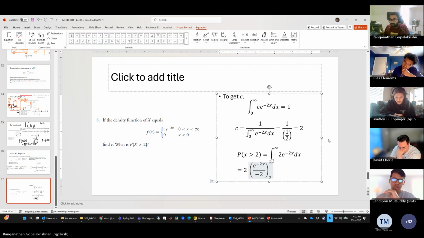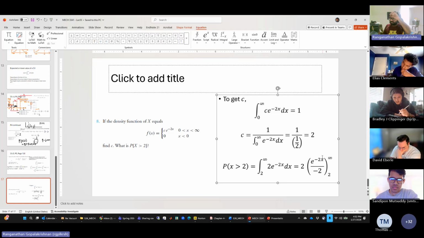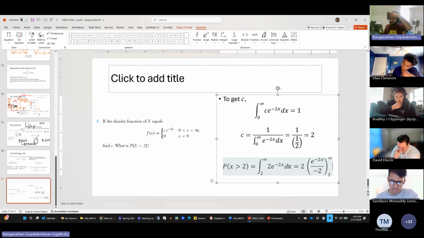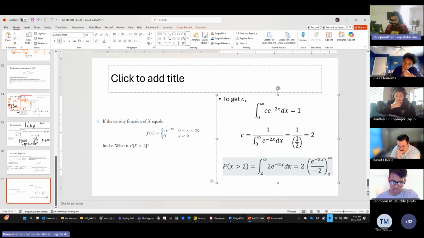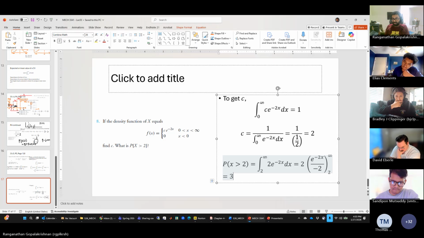The upper limit is 0. That is, if you substitute infinity, you're going to get 0. The lower limit will get you e power minus 4 and with a negative sign. So this whole thing is e power minus 4. That's the answer.